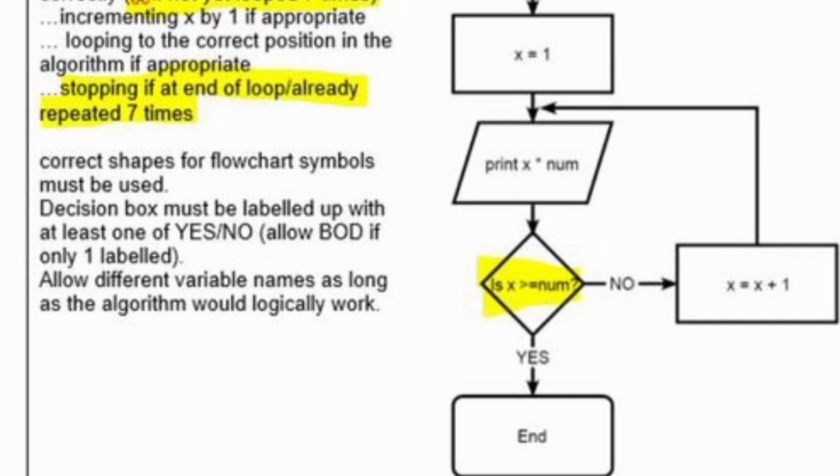First initialize x equal to 1, print x times the number, and check the condition, yes or no. If it is true, just print, otherwise end and stop. Here yes means end and no means print. Again and again just increase the value and go to the condition check, up to the end of the program.